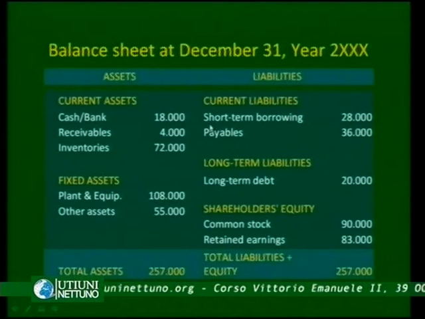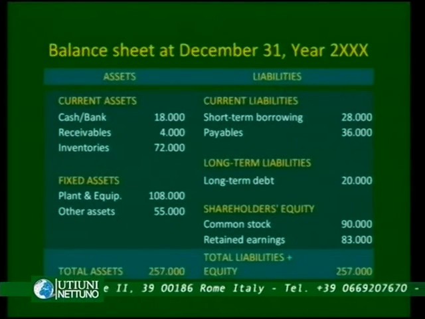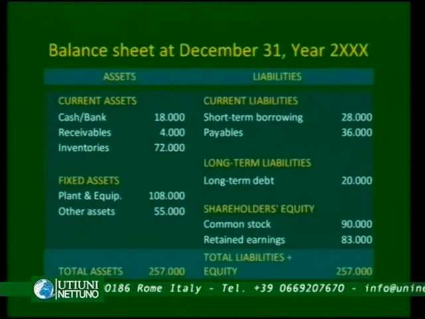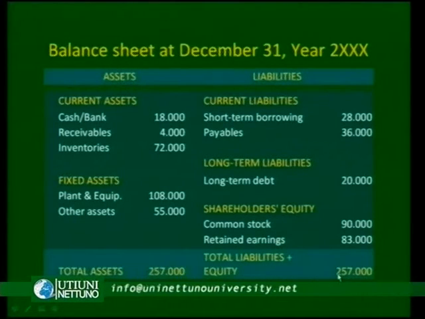So in the right section of the balance sheet, we find two different sources of funding: liabilities that are related to the money of creditors, and equity that instead is related to the investment of the owners. The total of liabilities plus equity is again $257.